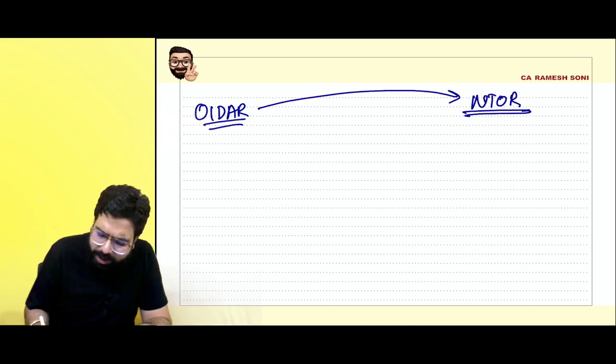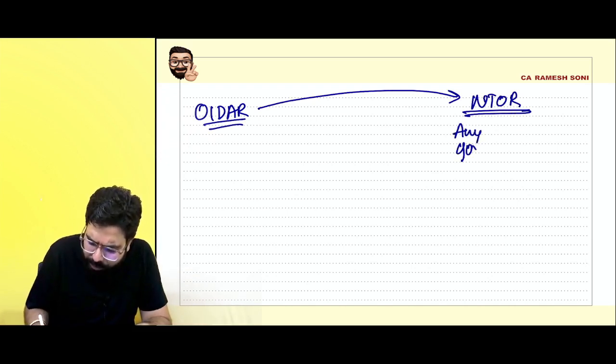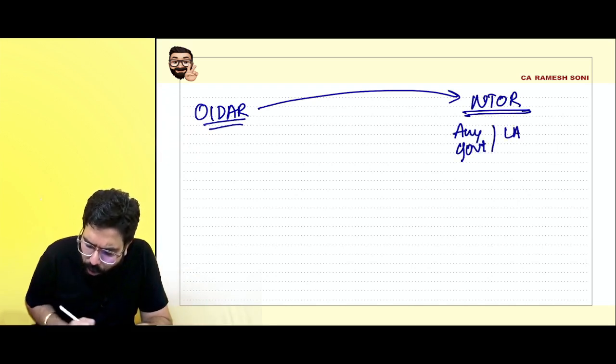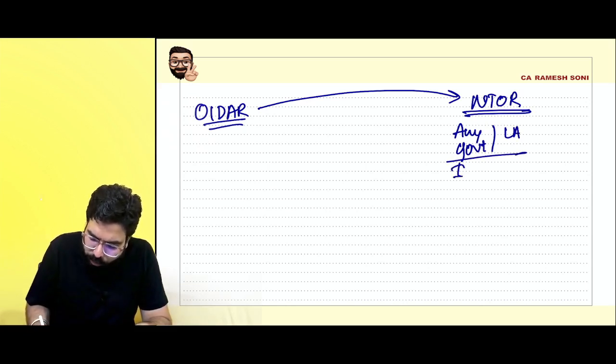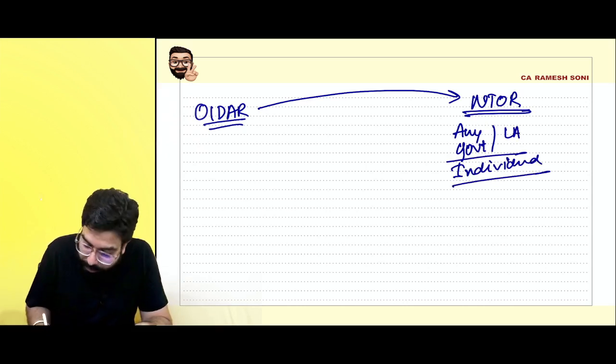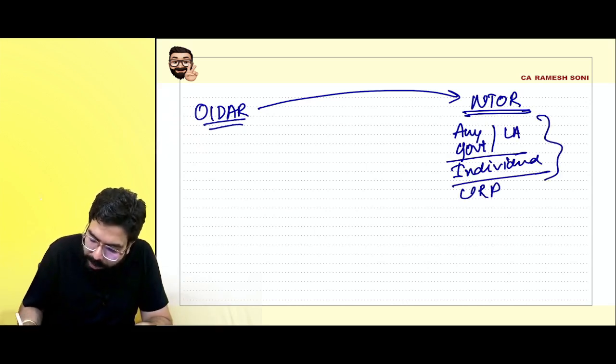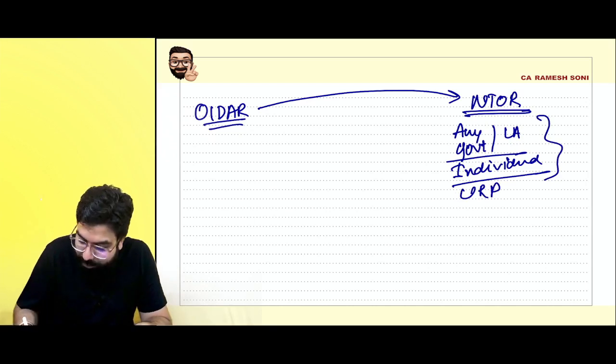Who is an NTOR? It can be any government or local authority, or any individual, or any unregistered person, and these people are receiving OIDAR services for non-business, non-commercial purpose.